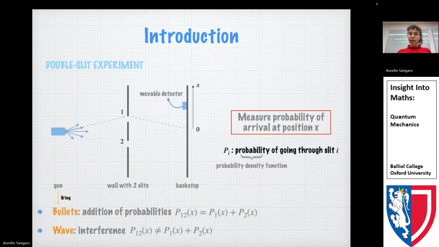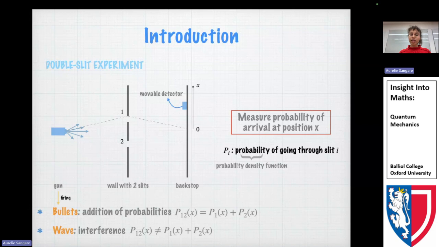So here we have two slits, and we're interested in computing P1, the probability density function of going through slit 1, P2, the probability density function of going through slit 2, and then we also have P12, which is the probability density function of going either through slit 1 or 2 or both.